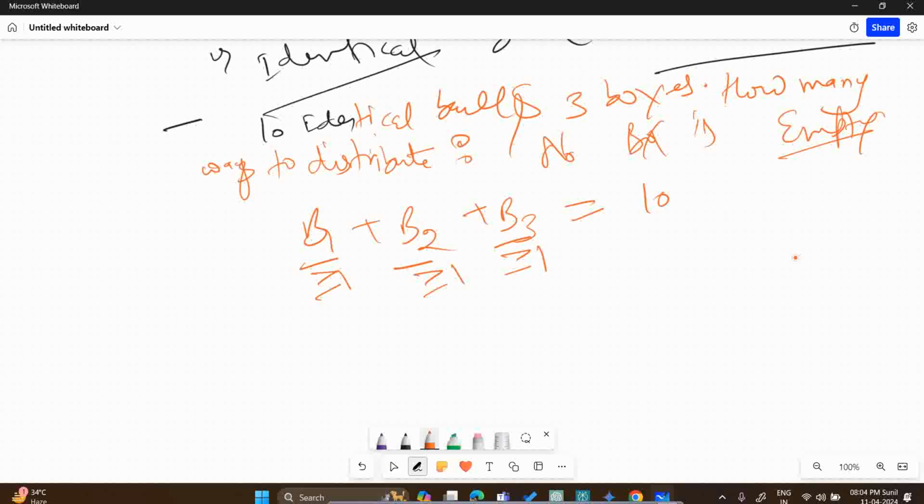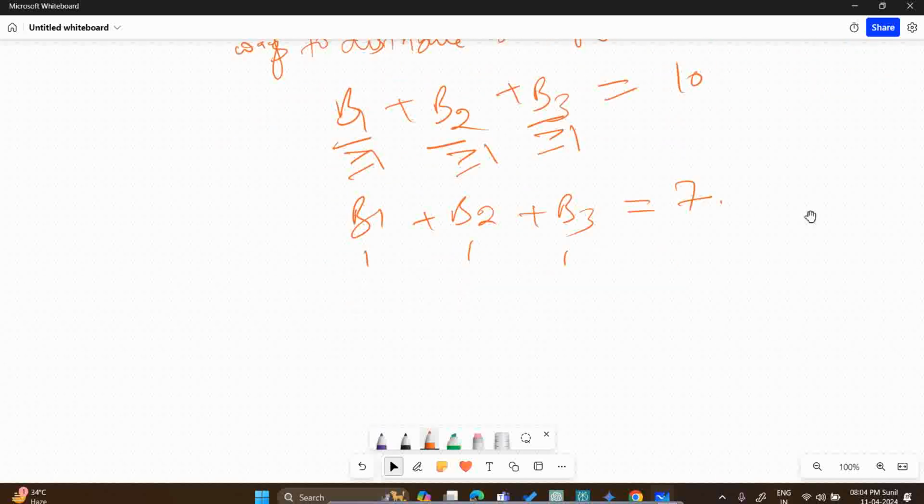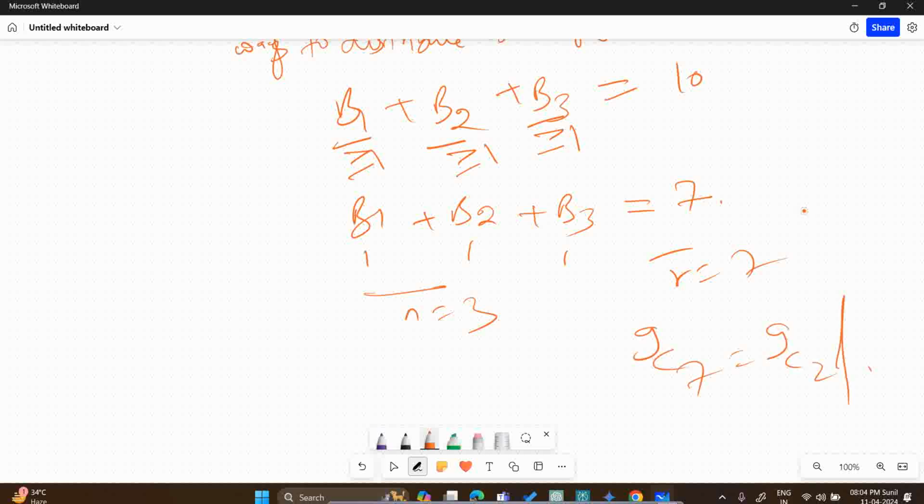So box 1 has 1 ball, box 2 has 1 ball, box 3 has 1 ball. How many balls are left? 7 only. So this is the simple formula-based question now. Now n is equal to 3 here and r is equal to 7. And it would be 9C7, which is 9C2, as our answer: 36.